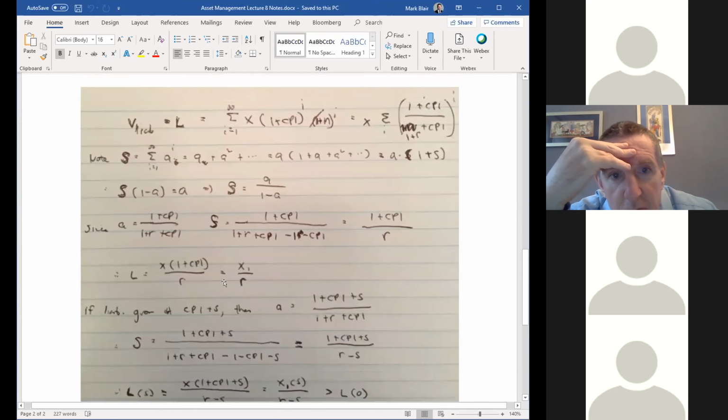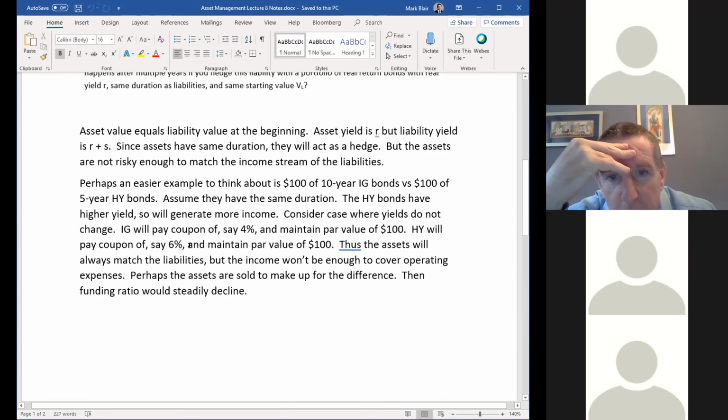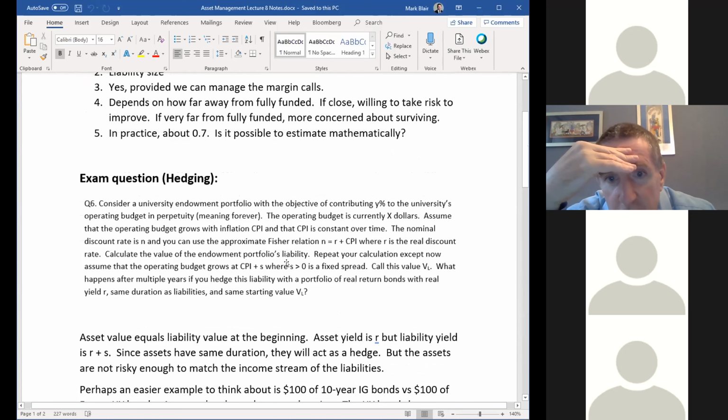Now we've got the value for the liabilities, and the question asks, what if the liabilities grow with inflation plus a spread, and you hedge them with assets that only grow at CPI?